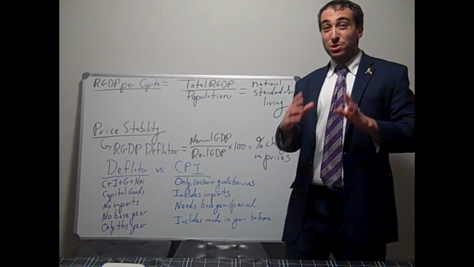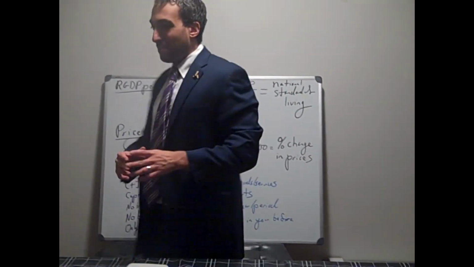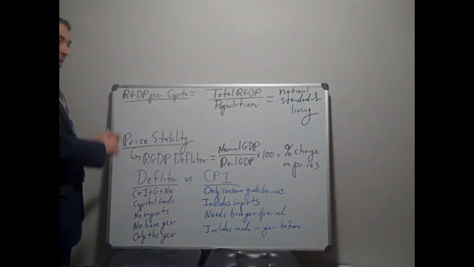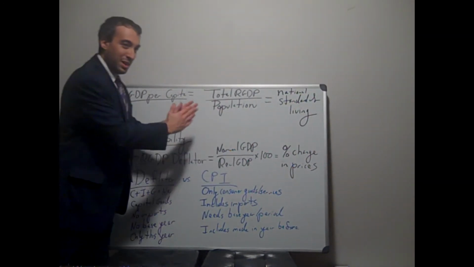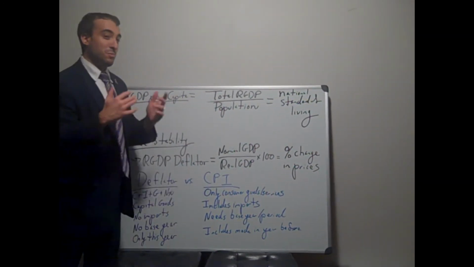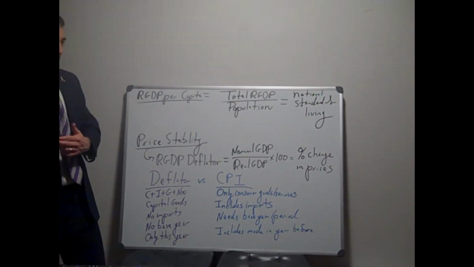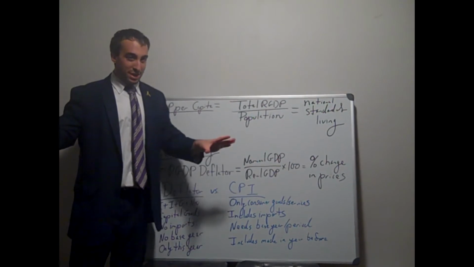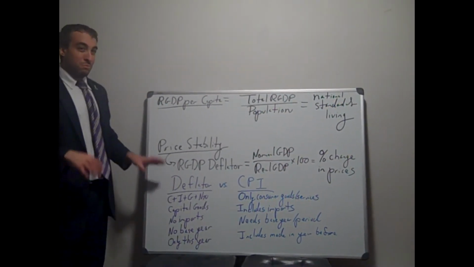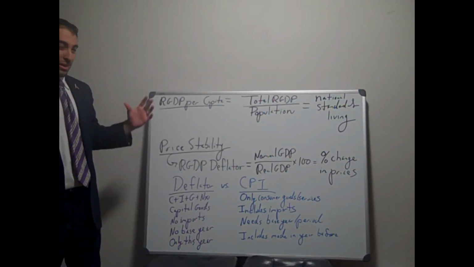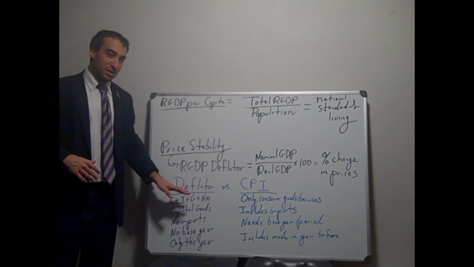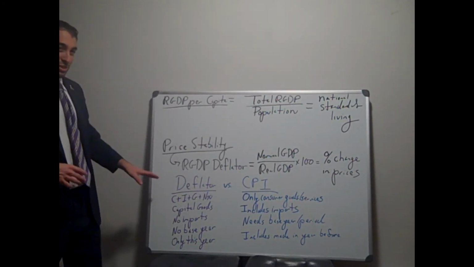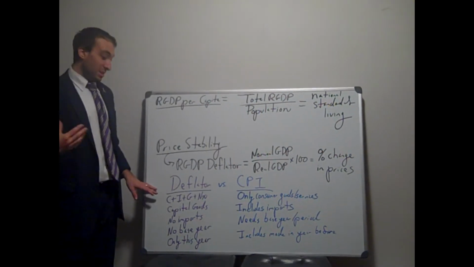And a big multiple choice trick question is the GDP deflator versus the CPI. Both are used to measure price stability, but they cover different economic realms. GDP is much more inclusive of the entire economy. It is C plus I plus G plus NX. So the GDP deflator is more the national economy.